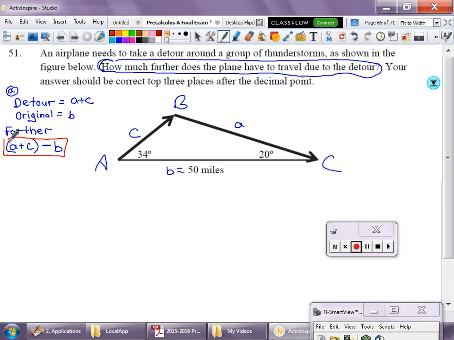So we need to find side A, side C, we already have B. Add them together. So here we go, that's our plan.